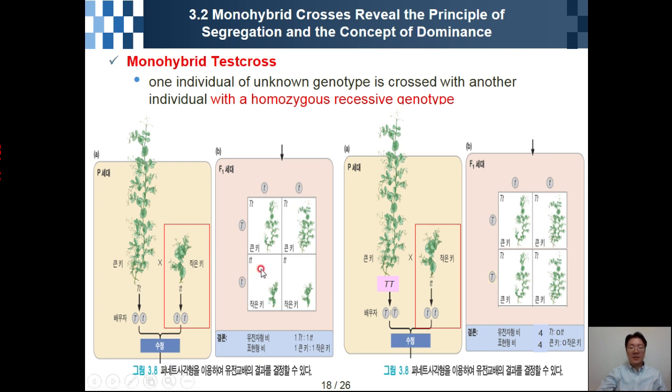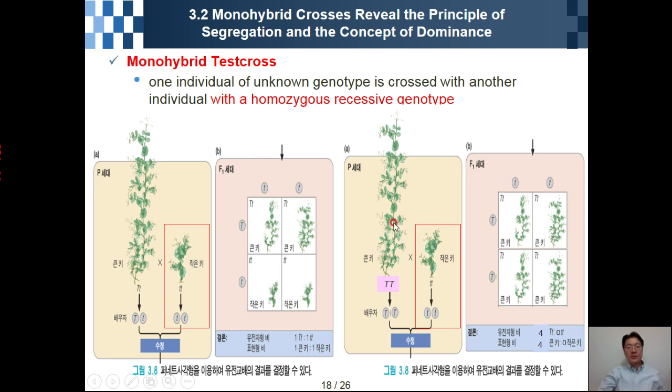In these cases, the Punnett square shows small tt, and the height will be short. And this case is also short. So the genotype ratio between large T small t and small tt is 1-to-1, and the phenotype ratio is also 1-to-1. So for a heterozygous individual, the conclusion will be 1-to-1 and 1-to-1.